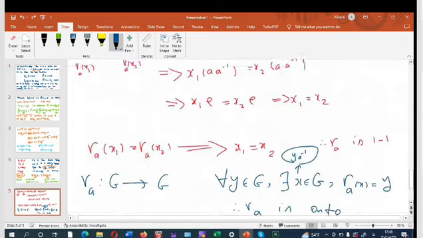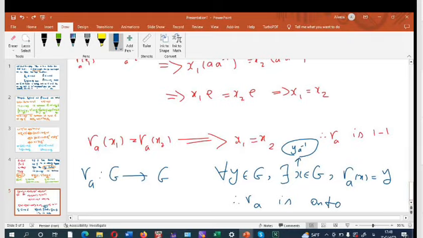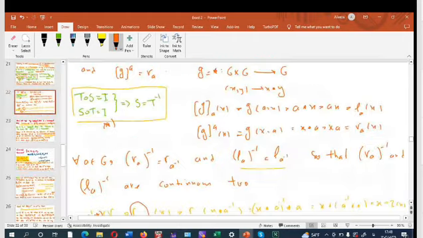By this notation, we have these two equalities, but we know that the binary operation on G is separately continuous. These two functions are continuous by the definition of semi-topological groups.